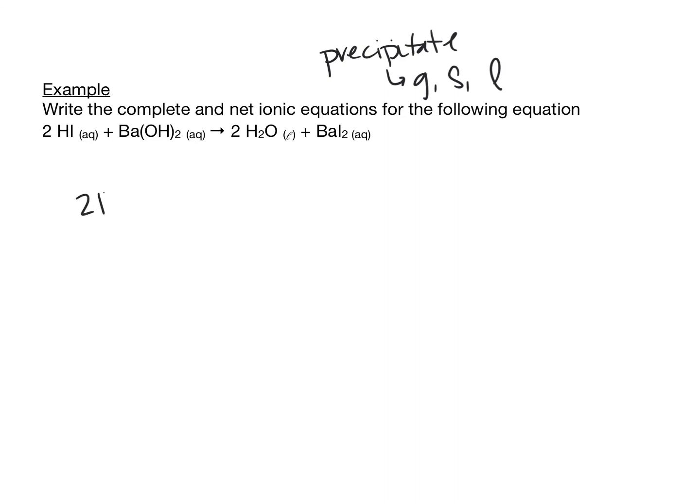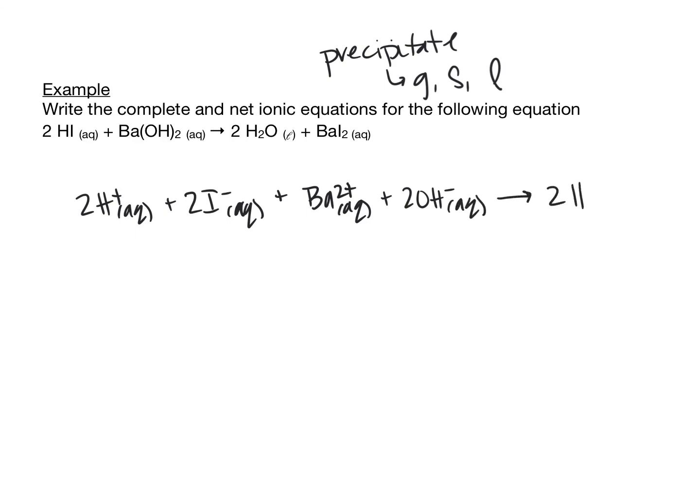So we're going to have 2H plus aqueous plus 2I minus aqueous plus barium 2 plus aqueous, plus 2OH minus aqueous, and that gives us 2H2O liquid plus barium 2 plus aqueous plus 2I minus also aqueous.